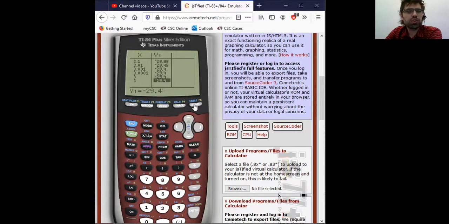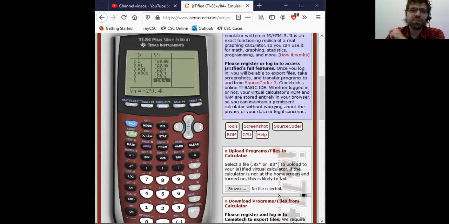Until up to the rounding error of this calculator, it equals it. It doesn't actually equal it though. As I say, that is rounding error.